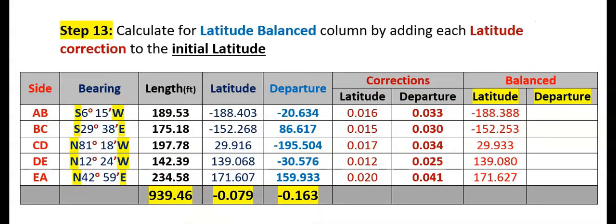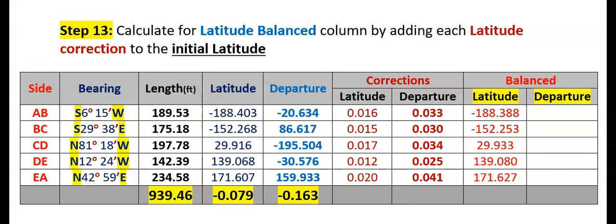next, step 13. Calculate for the latitude balance for side AB. The earlier latitude plus the corrected latitude will give you the balance. Next, for BC, the earlier latitude plus the corrected latitude will give you the balance of BC.